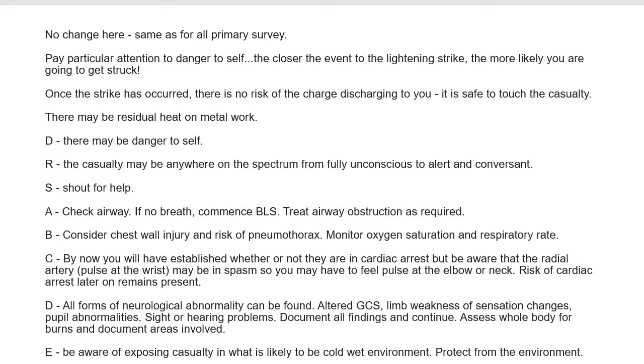I'm certainly not an expert in lightning strikes, but I think the main principles to be taken away for your exam is a strong emphasis on looking after yourself under that D category, and then after that, basically cracking on with your primary survey in the same way that you would do otherwise. I don't think there's any specific deviations that we need to start making.